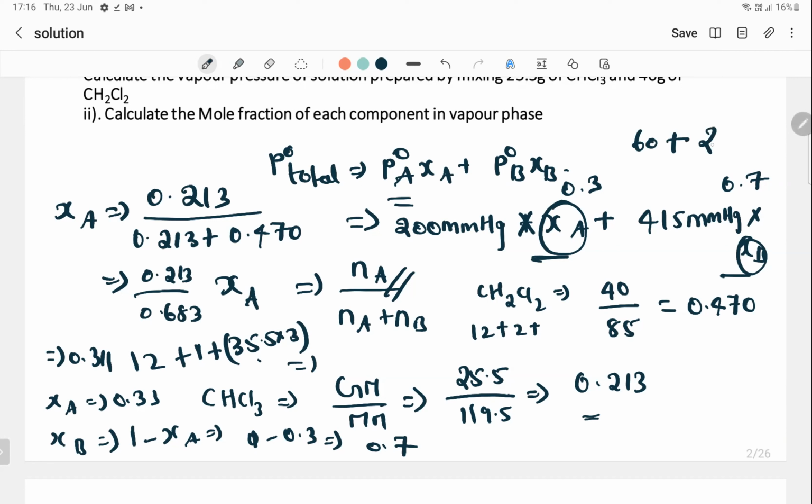Where did you get confused? What is your mole fraction value?